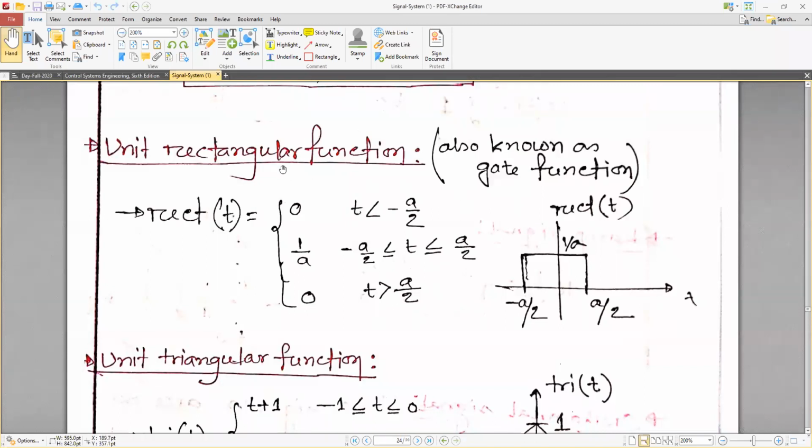Okay, now look at the unit rectangular function, also known as the gate function. Okay.